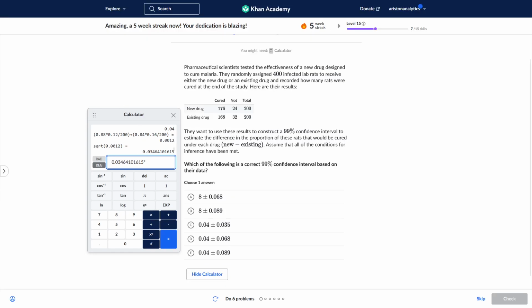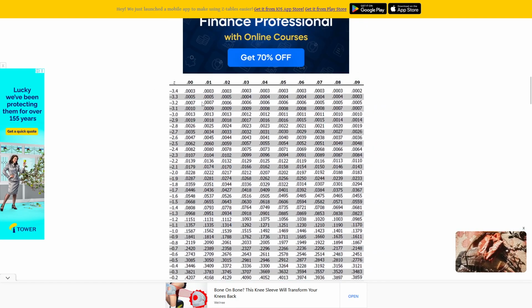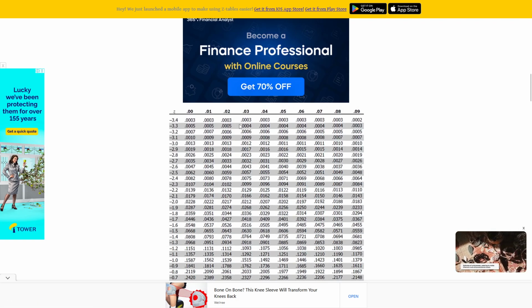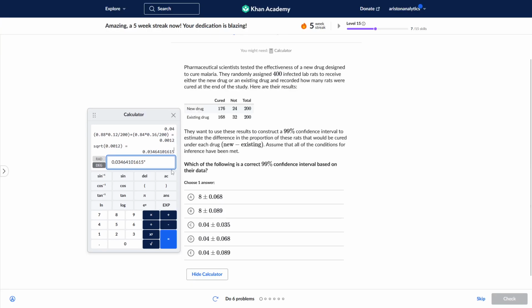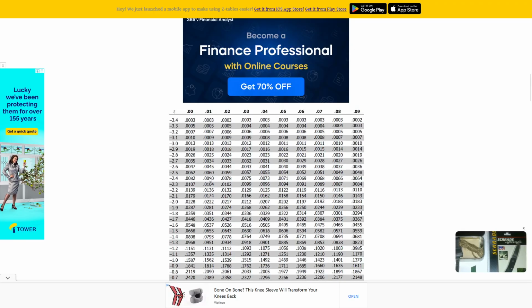0.05 on each side. Negative 1.65. Ah, it's wrong again. 0.005.